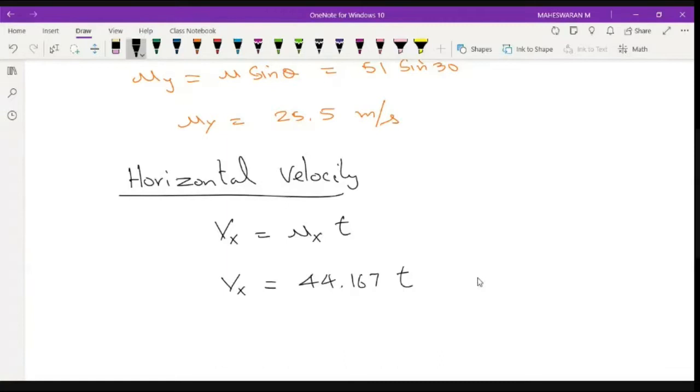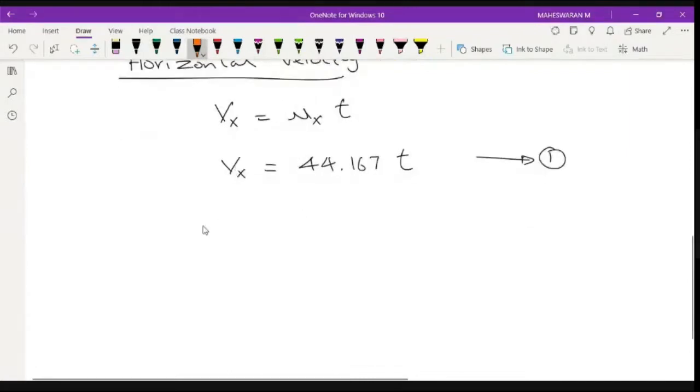Let me consider this as equation 1. Next, I'm going to consider the next equation, v square is equal to u square plus 2as, but there is no change.